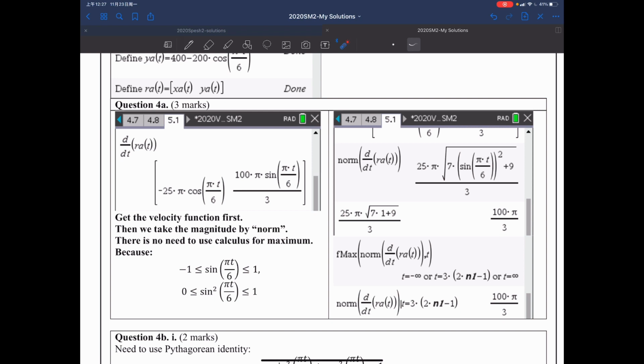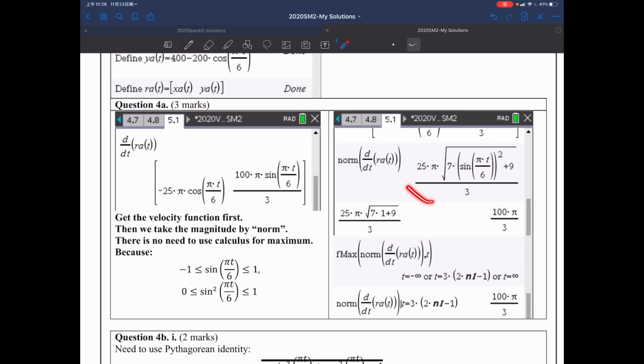For any function in a specific form like that, a number times sine or cosine squared, plus another constant, you need to realize sine of something goes from -1 to 1. And if you square it, you will get from 0 to 1. These two are the lower bound and the upper bound.